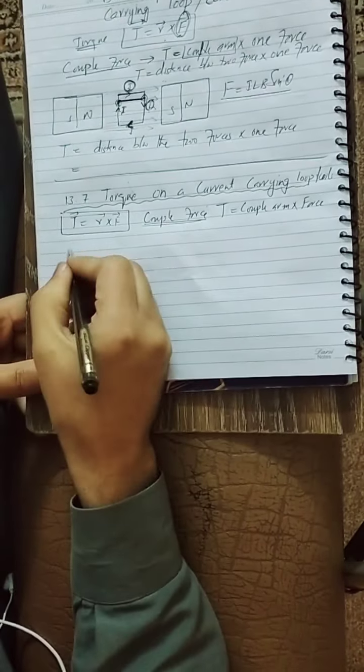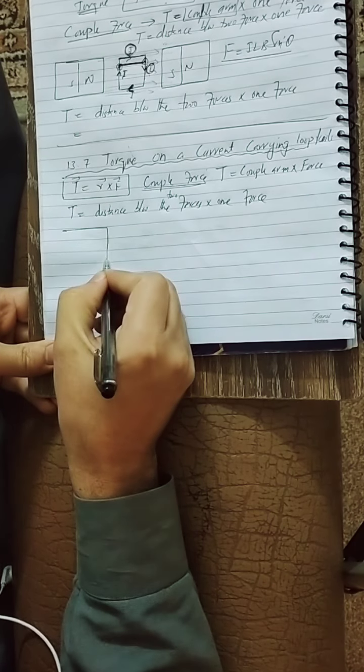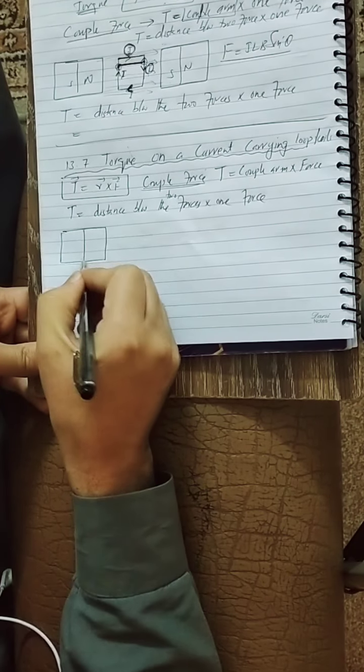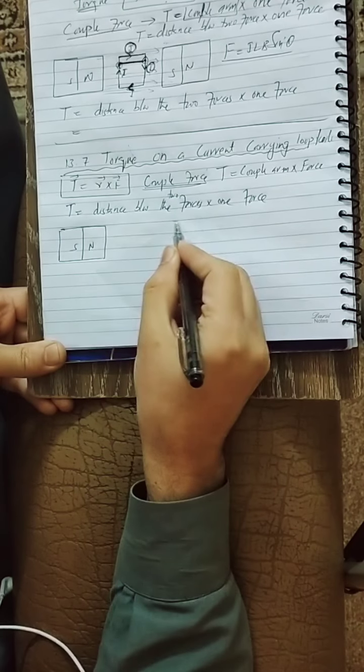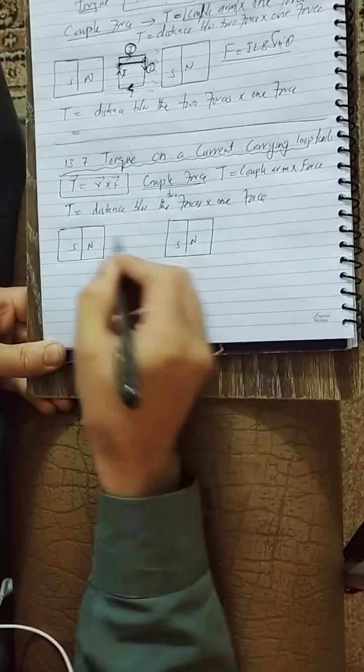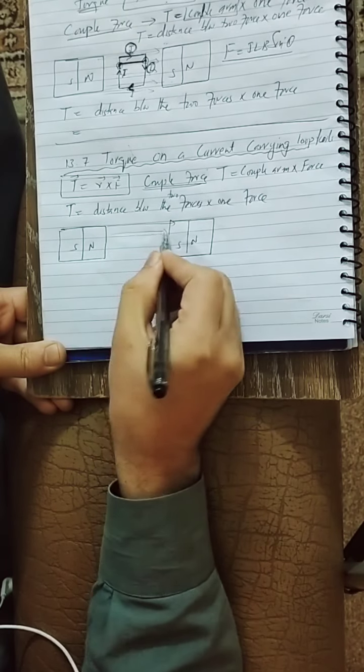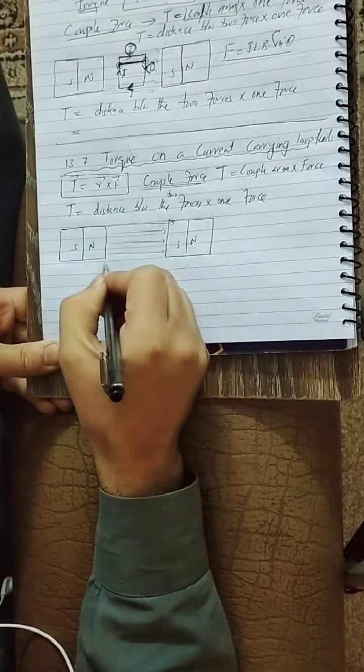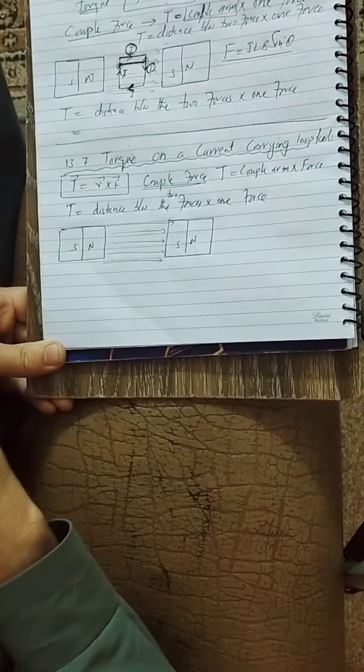Now suppose we have a magnet here which has two poles, and another magnet with two poles, and there is a magnetic field from north pole to south pole towards right. This magnetic field is called a uniform magnetic field. There is a rectangular coil within the magnetic field.